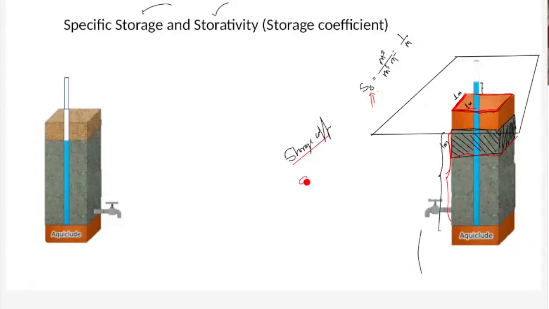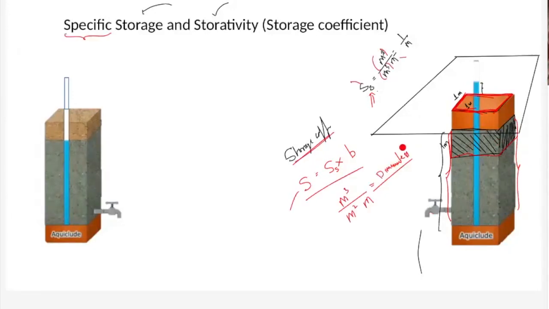So now do you understand that storage coefficient will be specific storage into the depth of the aquifer below that unit area, not the whole area of the aquifer, just below that unit area, whatever depth is there, that will be your storage coefficient. So remember, a specific storage has a dimension of meter inverse and storage coefficient is dimensionless.